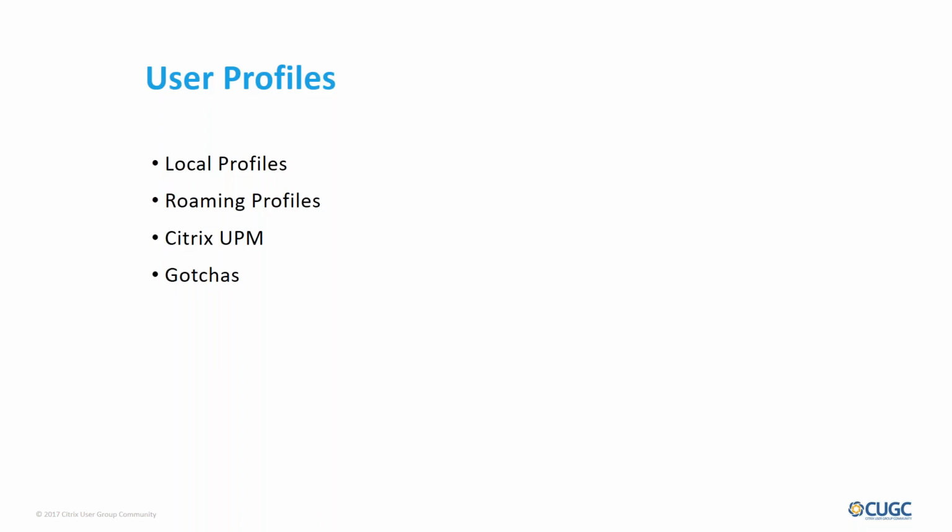So it's a very important statement. I'm going to go ahead and repeat it. You need to exclude everything and only include the things that you need. This will keep your profiles smaller, faster, leaner, meaner, better. By doing that, you get the best user experience with the fastest login.